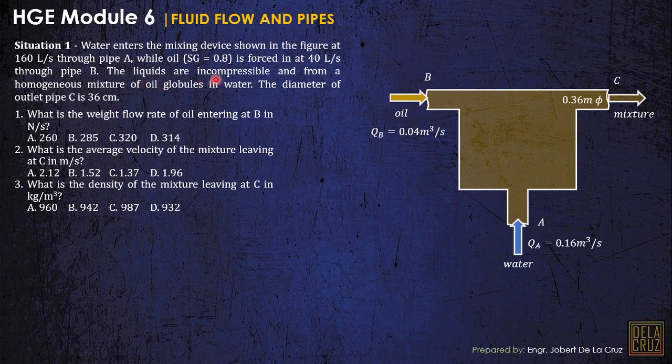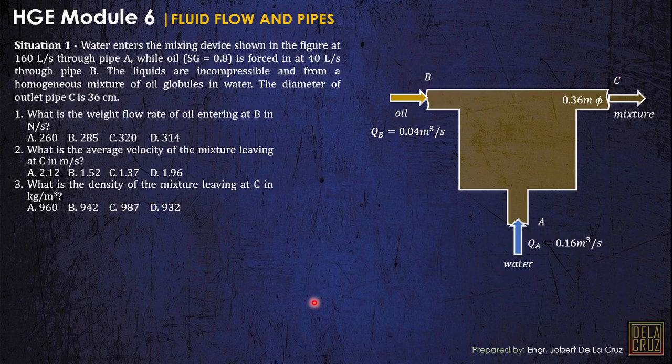The liquids are incompressible and form a homogeneous mixture of oil globules in water. The diameter of the outlet pipe C is 36 centimeters. So here, what is the weight flow rate of oil entering at B in newtons per second? The average velocity of the mixture leaving in C. The density of the mixture leaving at C in kilograms per cubic meter.